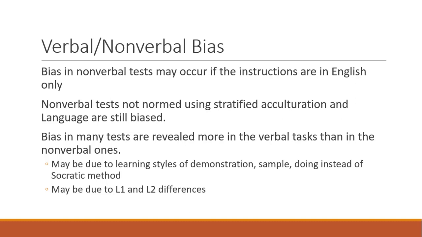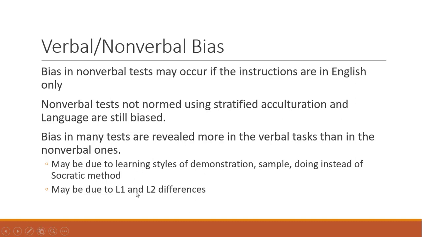When you're working with English language based tests or tests for kids for whom English is not their first language, you need to look in the technical part of the manual and find out how was this normative data collected, where was this normative data collected, because that original WISC in Spanish would be great if I have a kid who just came over to the United States from another country, but less so if I have a child who was born in the United States but spoke Spanish because that's what they spoke at home. So those are going to be very different Spanish-speaking populations and therefore different norms.